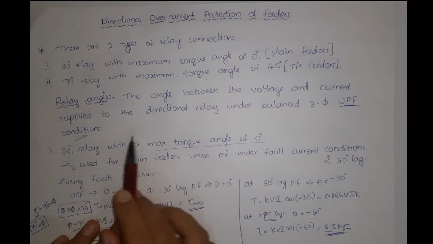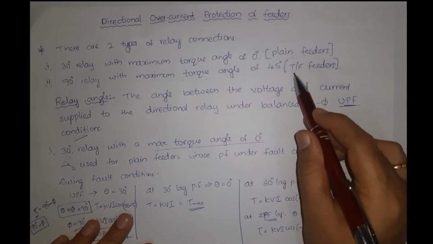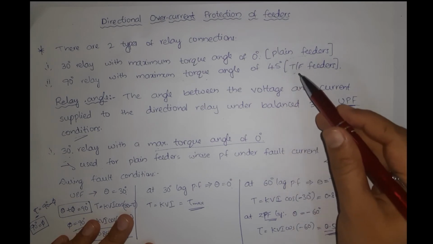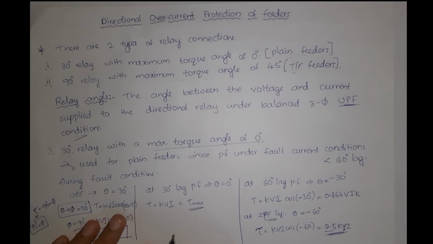It is also not suitable for transformer feeders, right? Because the transformer has some inductive effect, due to which the voltage will still be very, very low, and the torque supplied will not be sufficient to operate the relay.